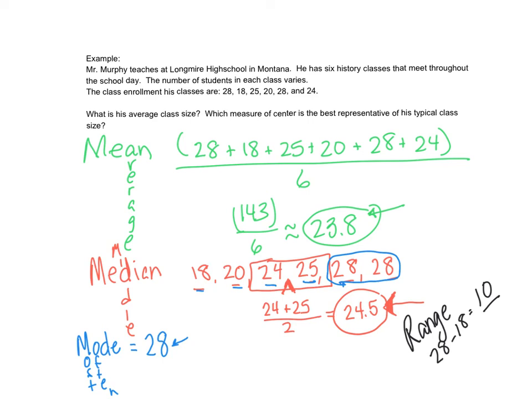But if you think about it, that's pretty significant, since his class sizes are between 18 and 28. That's like a third of 28 and half of 18. So that's a pretty big range here for his class sizes. That's why it was kind of hard to decide what his typical was. And the median is a good measure in this case.